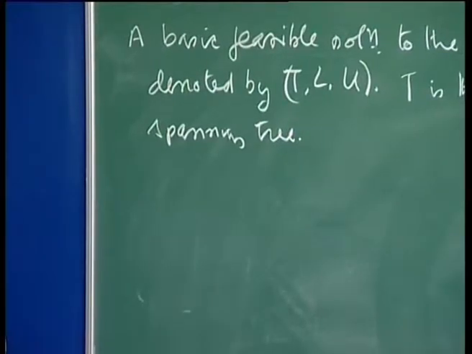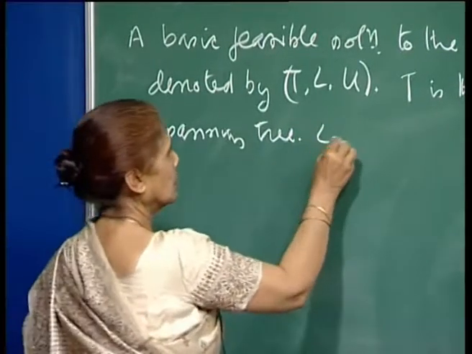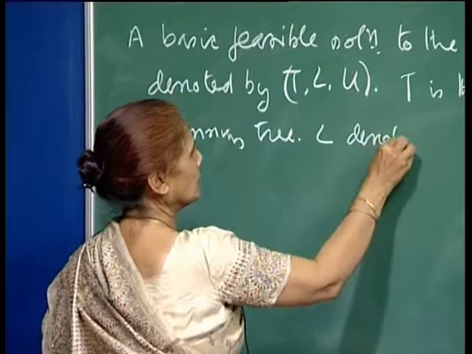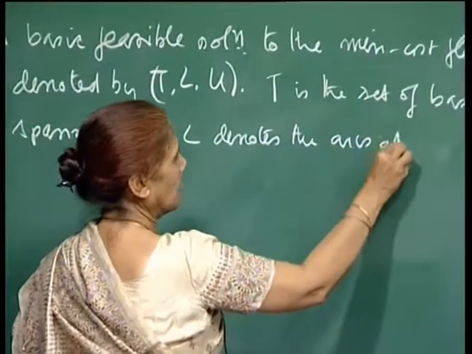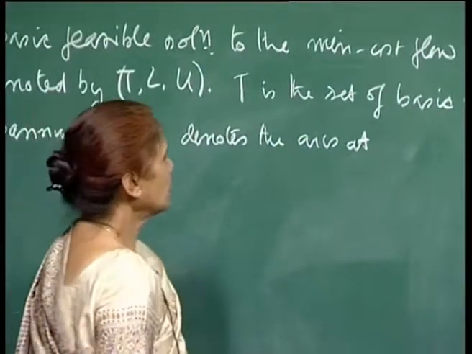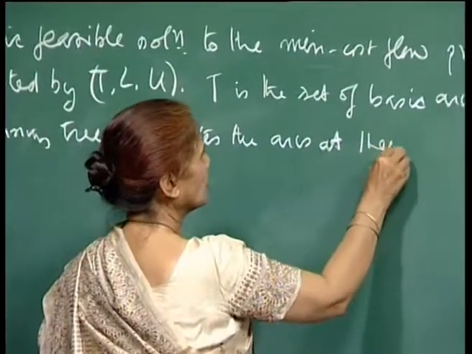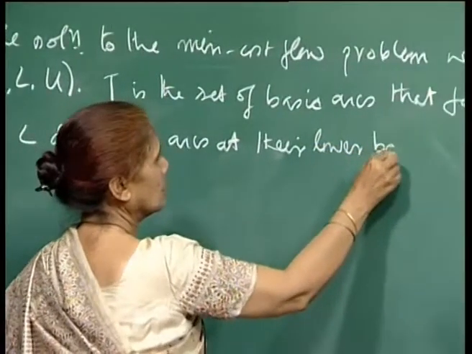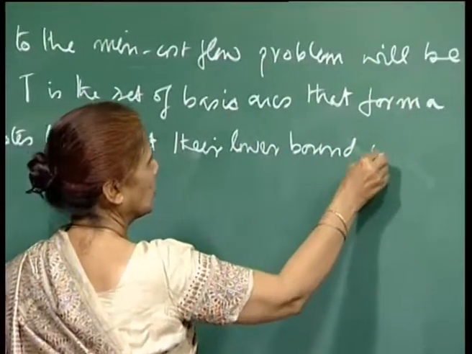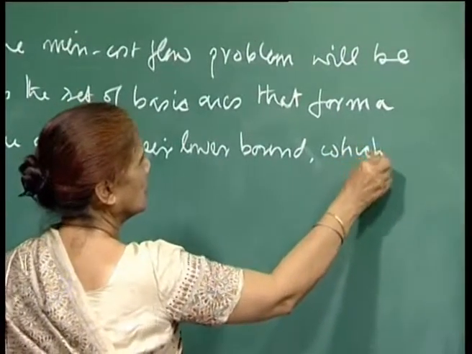Okay. Then L denotes the arcs at the lower bound, which is 0 here, right.